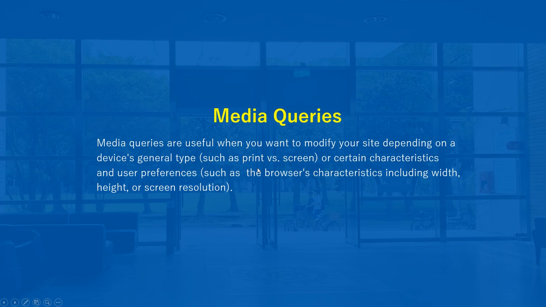We need to understand that it is print or screen. Print is just like when you want to print it out. The other is screen. Screen is when you use any electronic device like your computer or tablet, so that is screen. Or certain characteristics and user preferences.